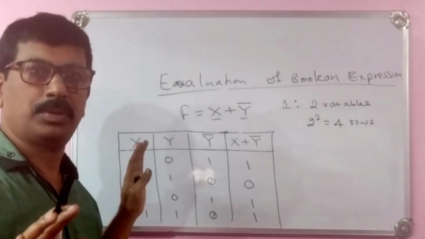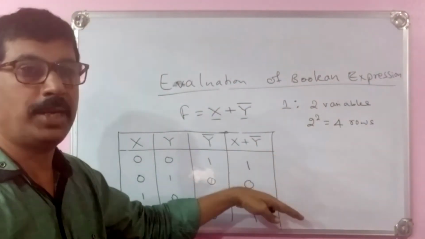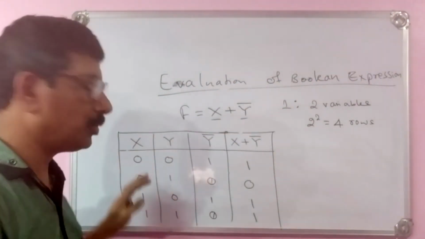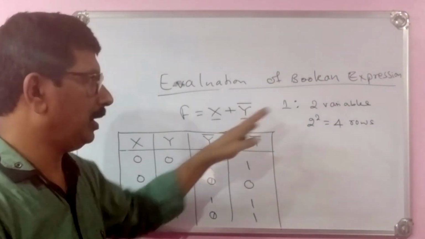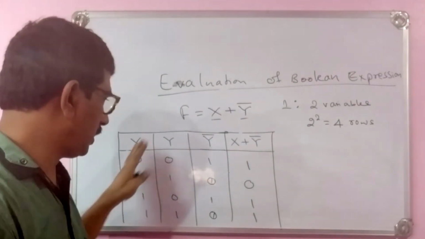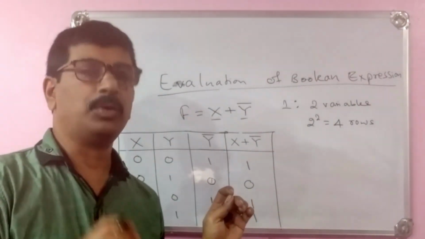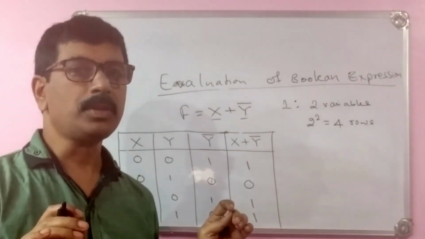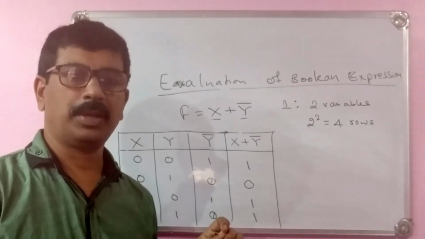For a 4 marks question, write all the steps 1, 2, 3, 4, then the truth table and the resultant value. For a 2 marks question, take the number of variables and directly write the truth table. In your notes there are some exercises. Try to solve those examples on your own.